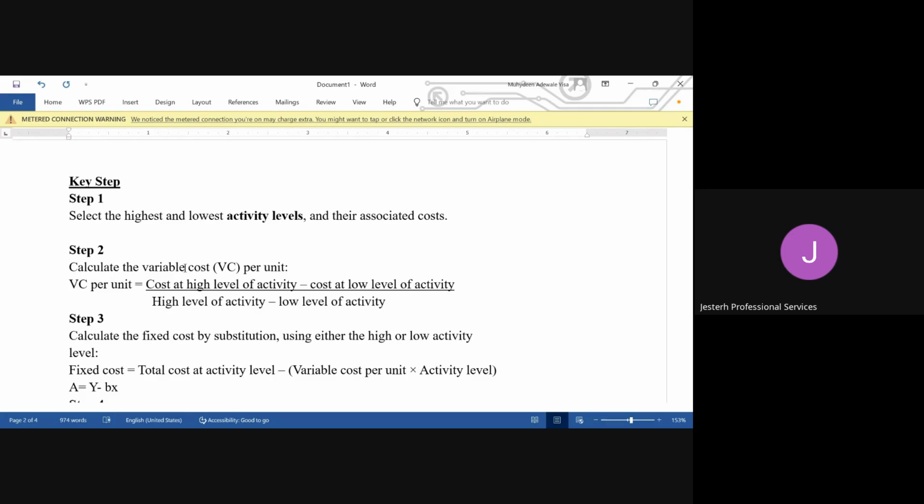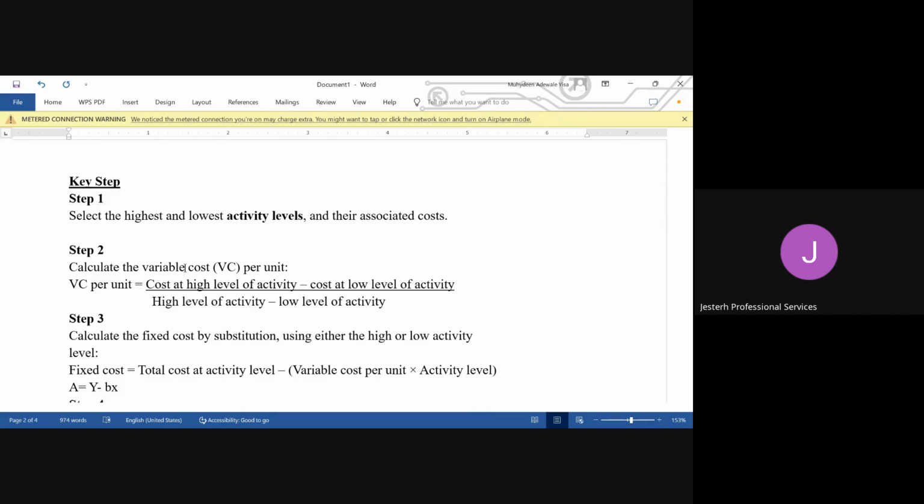And then the number 2 step is, after we have determined the high and low level of activities, we need to calculate the variable cost per unit. How can we calculate the variable cost per unit? When we have already ascertained the high level of activities and the lower level of activities, what we are to do is to know the cost of the high level of activities.